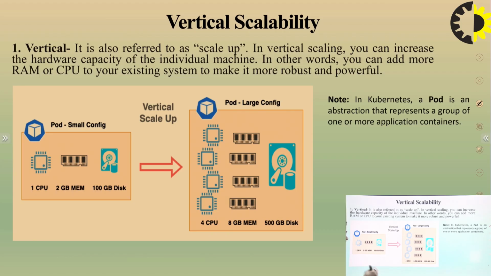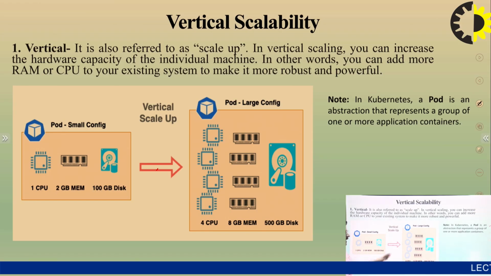If we want to increase the vertical level, scale up, then we will use more CPUs: 1, 2, 3, 4 CPUs, and every CPU also has 2 GB memory. Then we will use 8 GB memory and 4 CPUs, and a 400 GB hard disk.